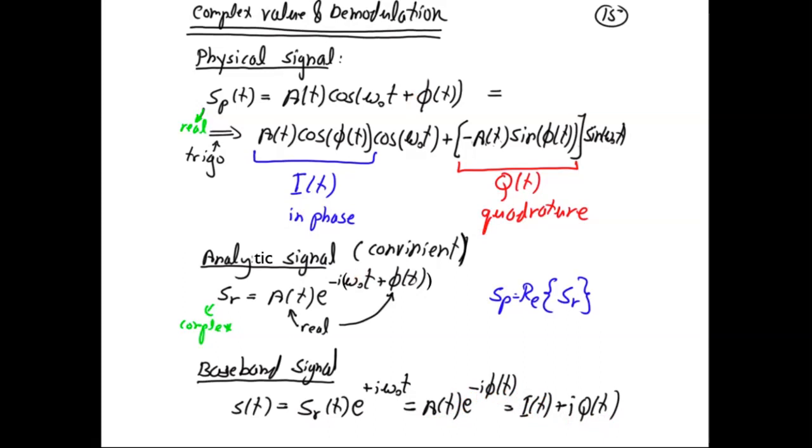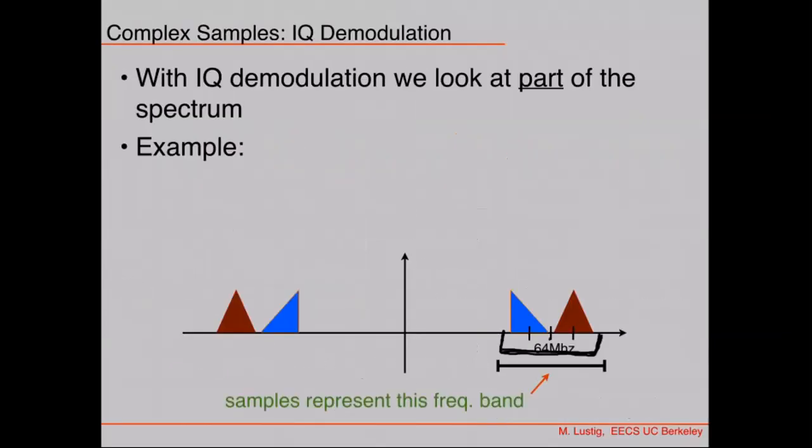But the idea here is really the fact that if my spectrum here about 64 megahertz is non-symmetric, then if I demodulate this and sample around 0, because it's not going to be symmetric, I have to represent it using complex values.